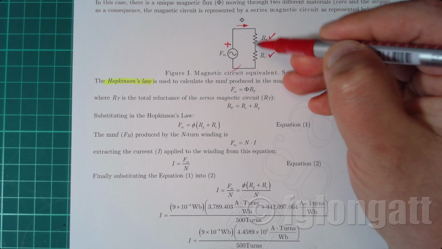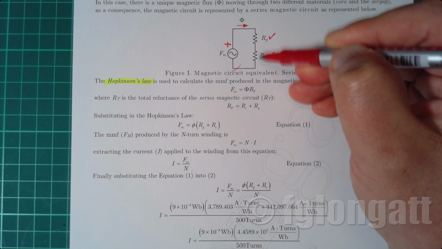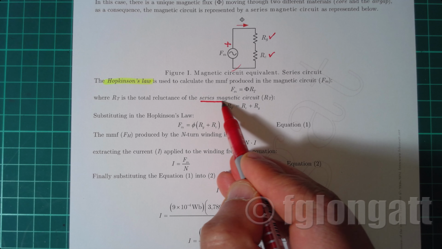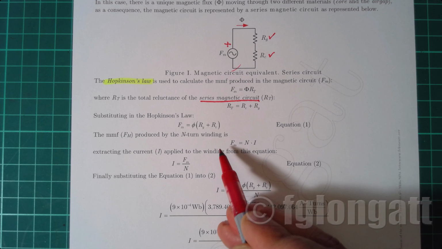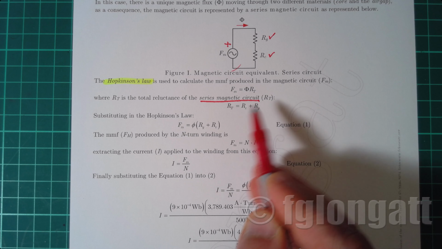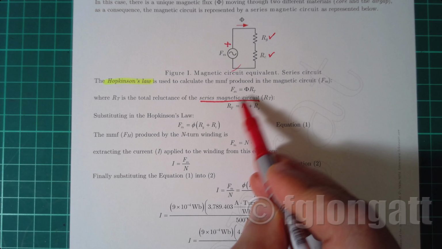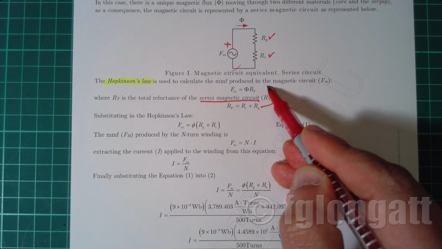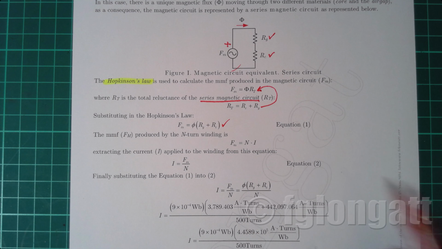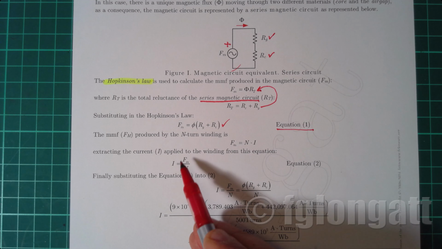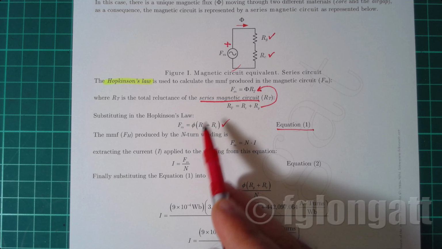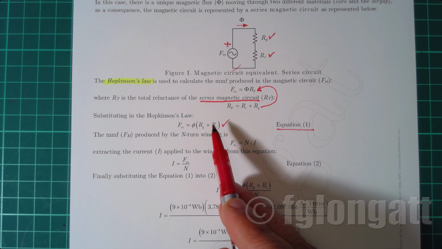And in this circuit, the flux is moving through two reluctances, so we use the name series magnetic circuit, and the total reluctance, identical to an electric circuit, is the sum of the core plus the air gap. If we put this inside this equation, we obtain equation number 1. The MMF will be equal to the flux multiplied by the total equivalent reluctance, in this case the sum of the two materials.